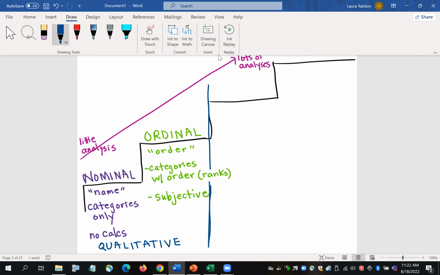Those are your only two choices. It comes down to: do you have a sense of order or not? The third and fourth steps apply only to quantitative data, whether it's discrete or continuous.